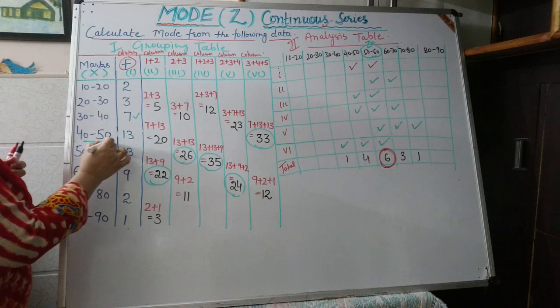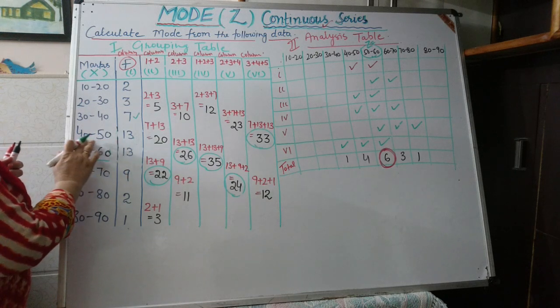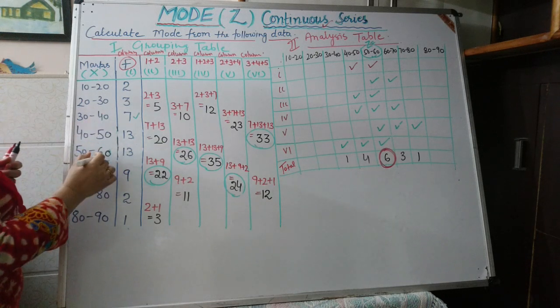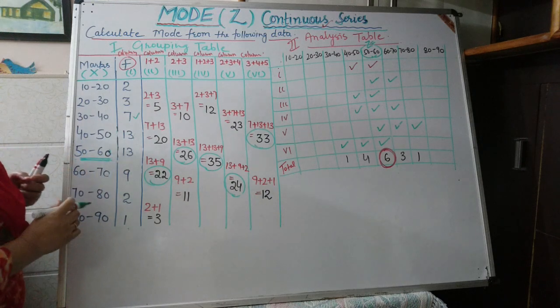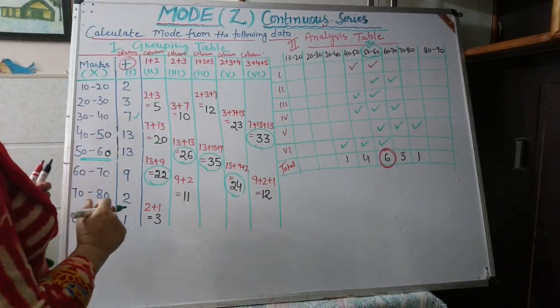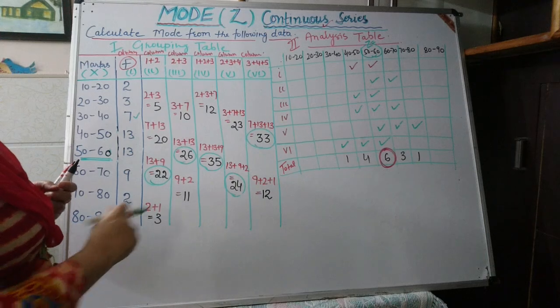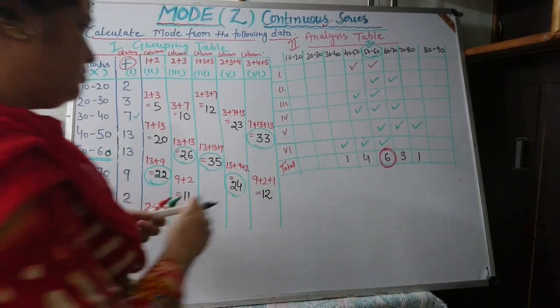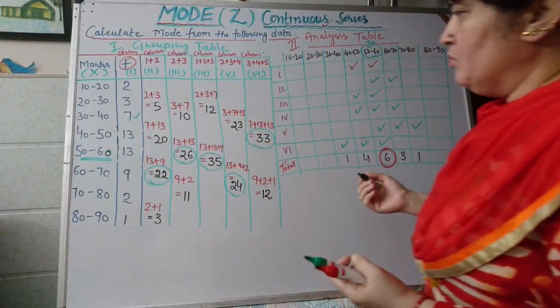Now it is clear that mode will lie in the class interval 50 to 60. Now what will be the modal value? This is also another problem because a clear-cut mode is not here.